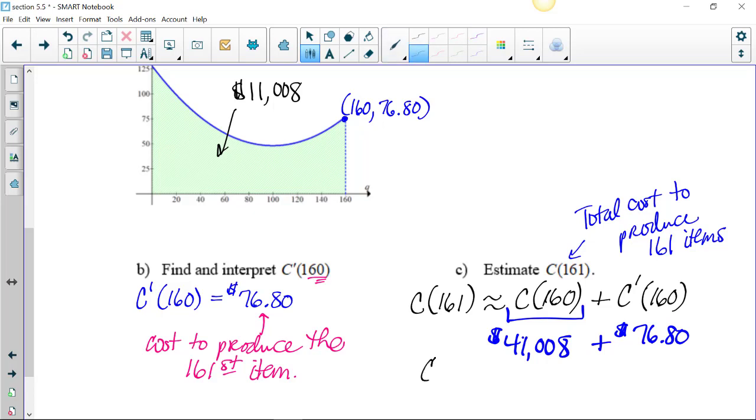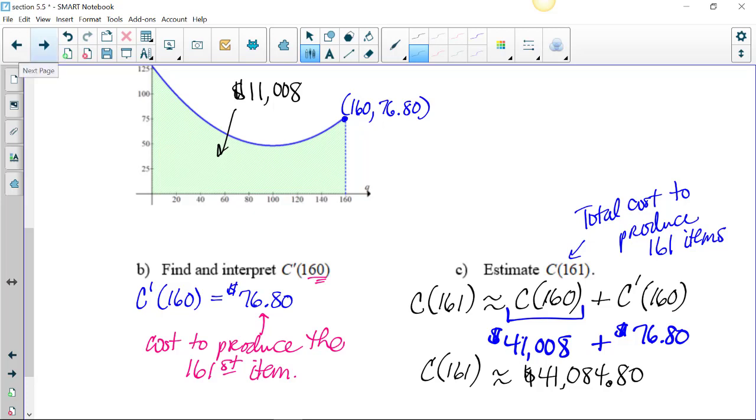So we're saying approximately the total cost to produce 161 items is $41,084.80. All right, so that's one of the things we are looking at in 5.5.